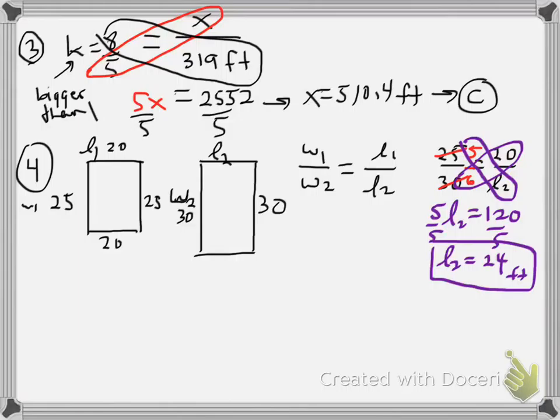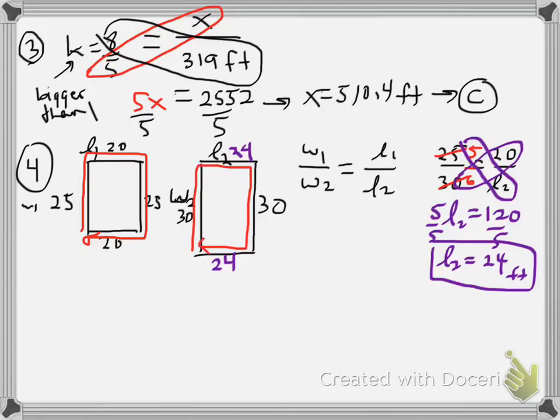But that's not the answer they're looking for, because they didn't ask how long is the length. What they asked for is, if the new garage is going to have a width of 30 feet, how much rope? Well, the rope's got to go around the outside of the thing. So they're asking for the perimeter. So I'm going to need the rope here.